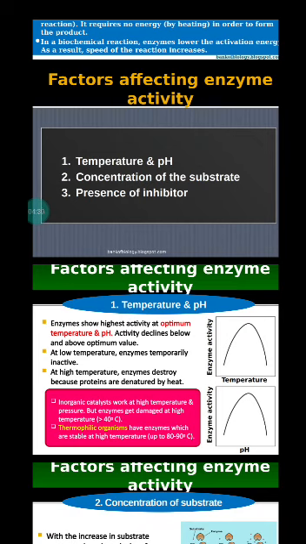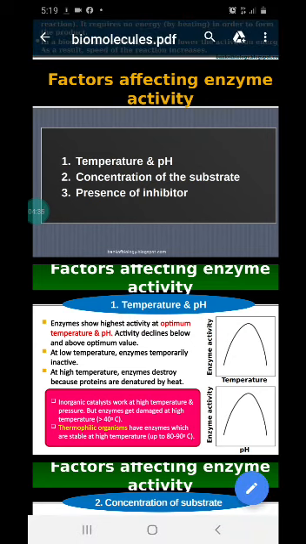Enzymes are proteins. And what will happen to proteins at high temperatures? They get denatured. And what about low temperatures? At low temperature, the enzymes, the proteins, become inactive. Clear? The same thing happens in our body also.